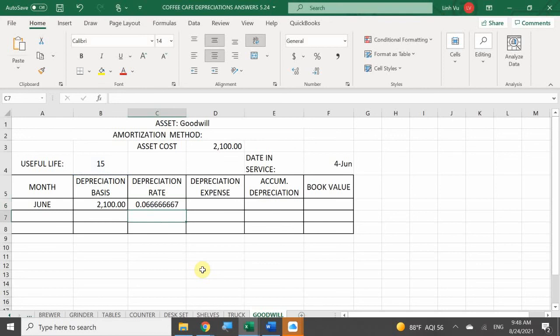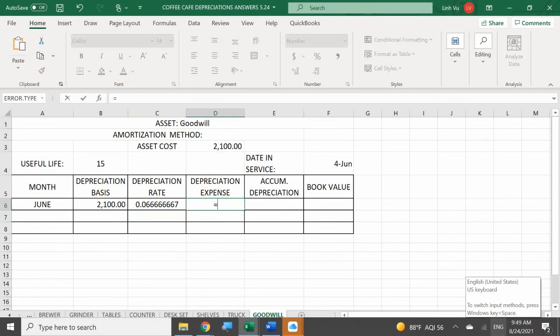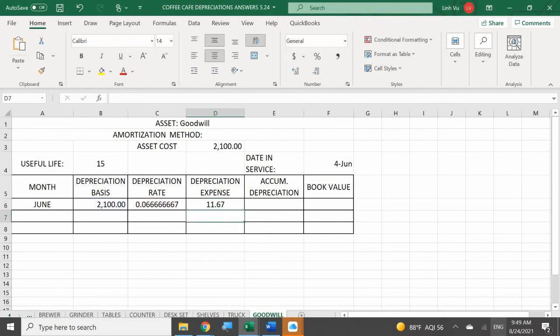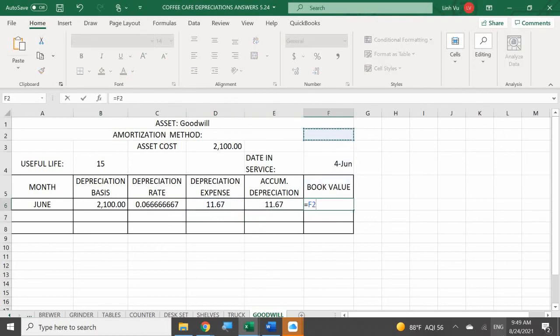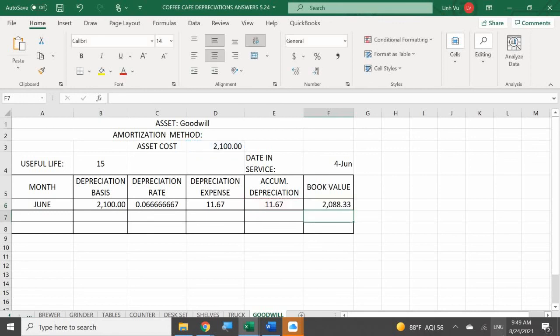That's correct. So what is going to be my amortization for the month of June? $11.67. Good.